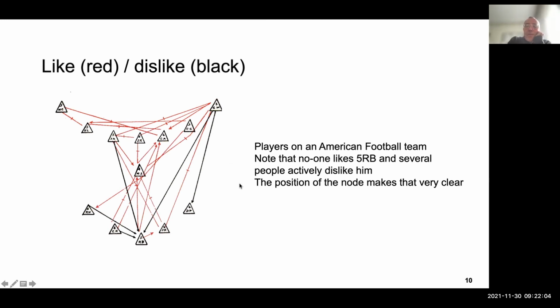And you see that there are some people like this player, 5RB, who likes everyone around, and all of them dislike him or her, I don't know, him, luckily. And putting him in this position makes that evident. If I put him in the middle, that would be less simple to understand. And again, that has been done by hand.